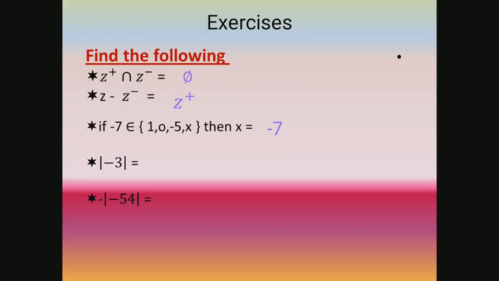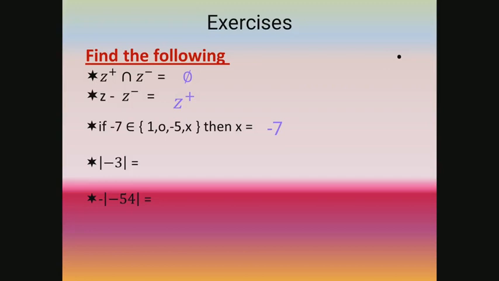Z plus intersection Z negative is empty. Why? Because there is no element that exists in Z plus and exists in Z negative. Z minus Z negative is equal to Z positive, the set of positive integers.